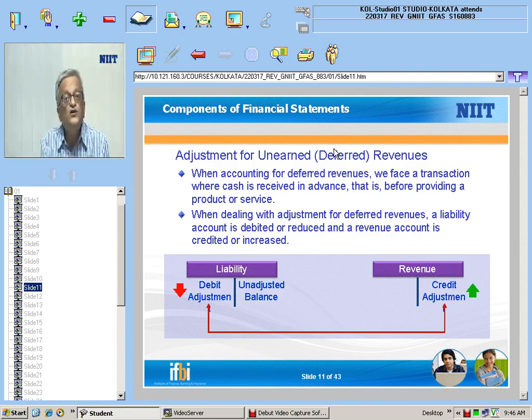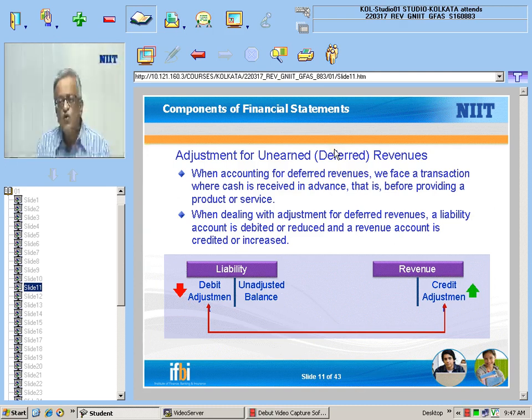And when the goods are sold or when the service is provided, then we will debit the liability account and credit the revenue account, as you can see on the screen. So in the case of deferred revenue, whenever money is received in advance, it has to be kept in a separate liability account, credited under the head unearned revenue.